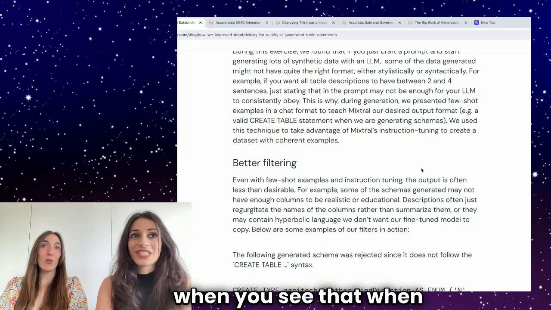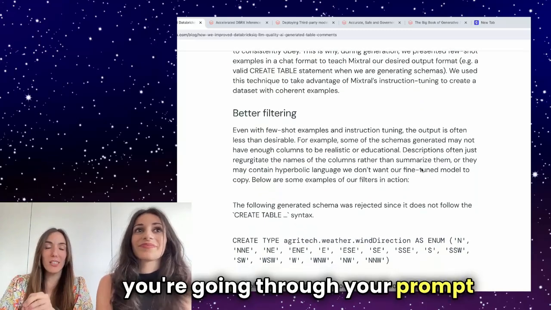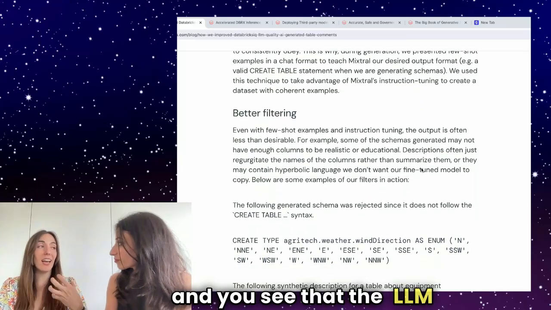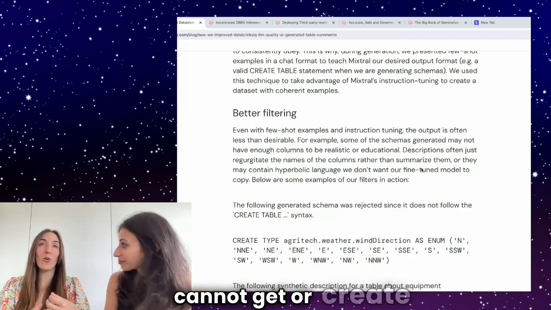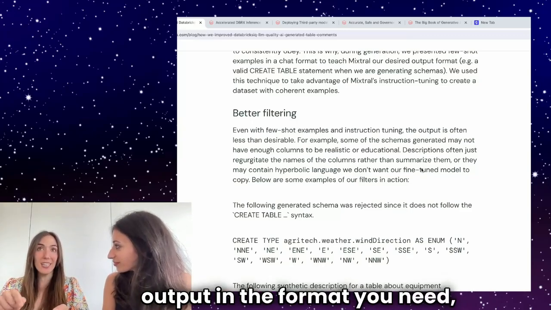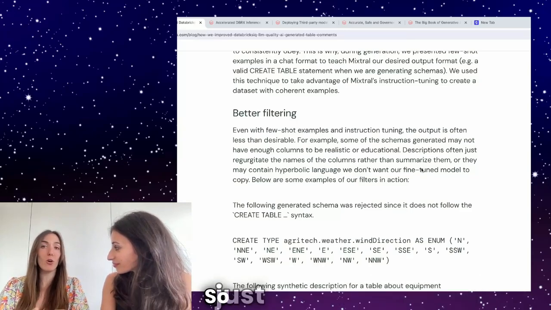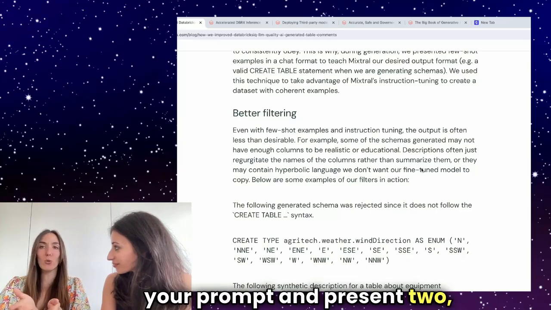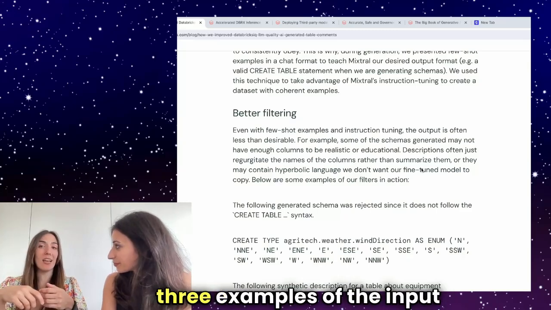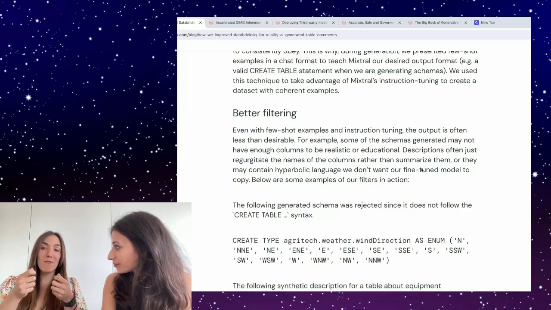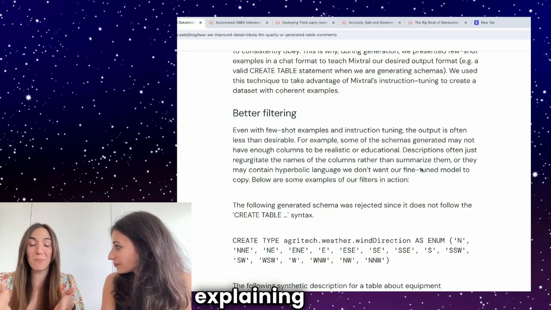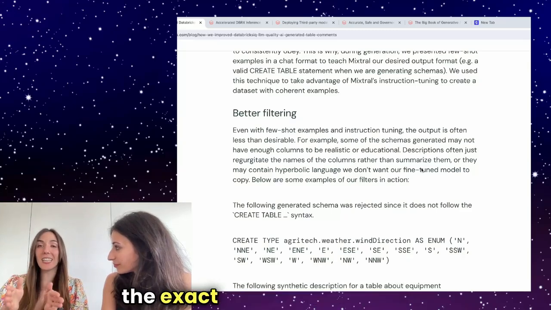When you're going through your prompt engineering, if you see that the LLM cannot create the output in the format you need, then few-shot learning is a great way to go, right? So just go through your prompt and present 2-3 examples of the input and the desired output, explaining very well the exact output format you want.